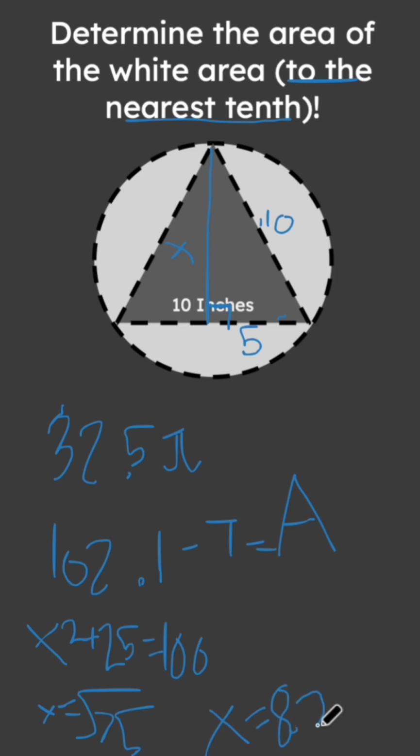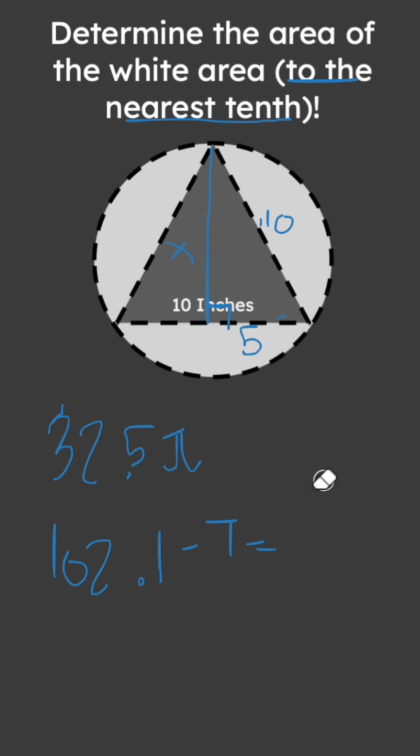And once you multiply that with the base, we get 87. But then again, we have to divide it by 2 because that's the formula for a triangle. So 87 over 2 yields 43.5. So we know that the triangle has an area of 43.5, which means that we almost have our area.